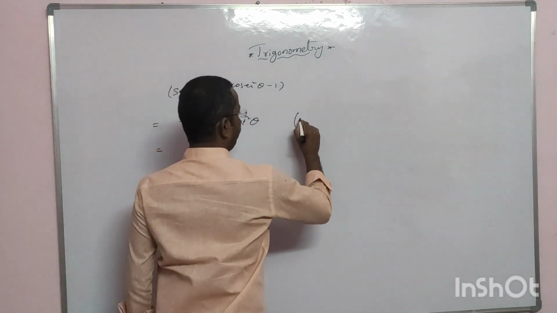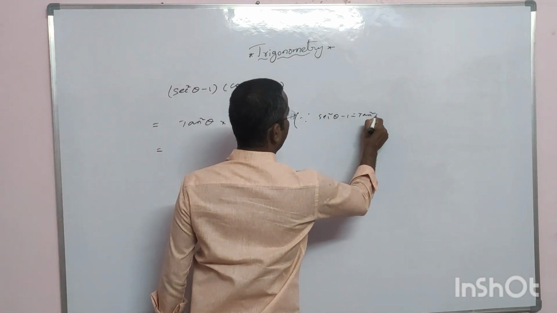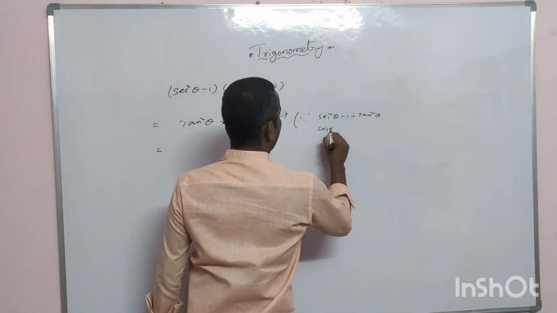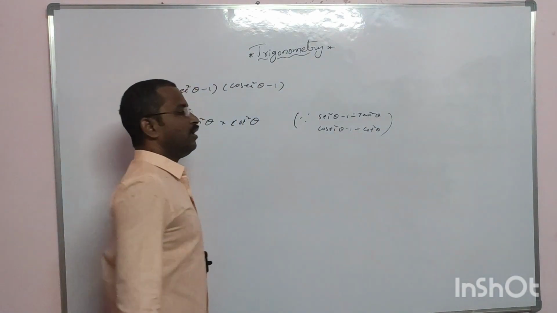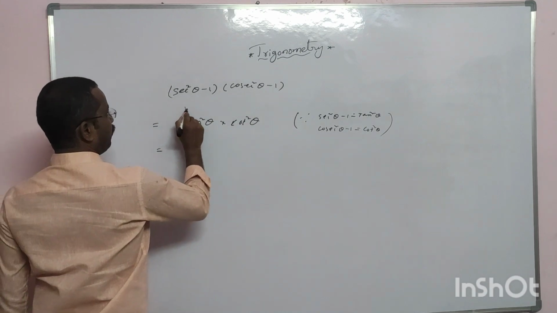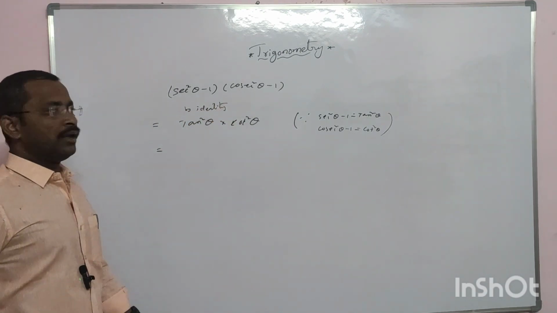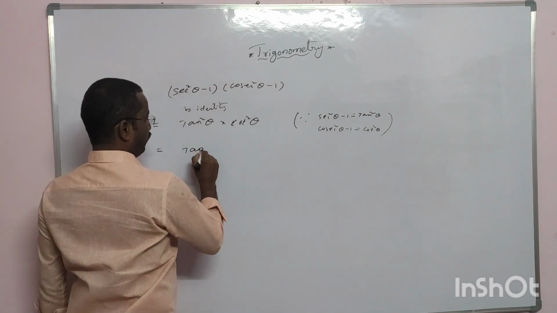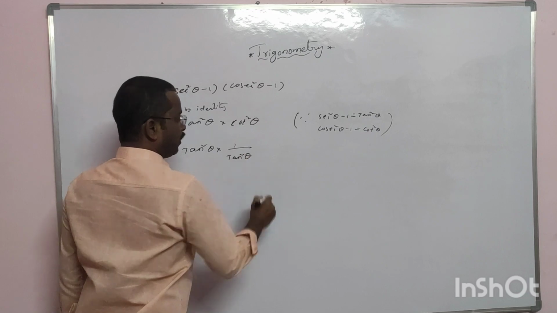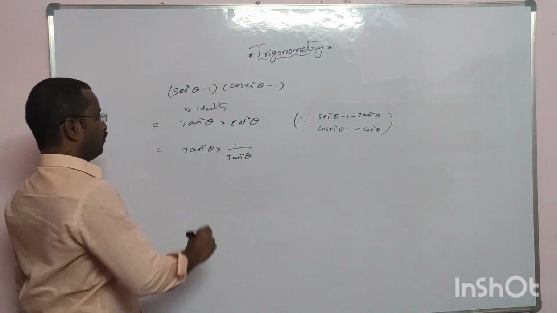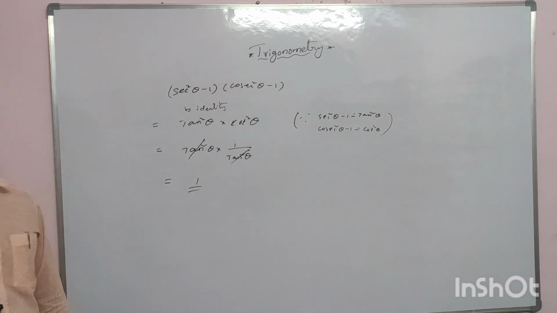Now you can write, if you want, sec square theta minus 1 is equal to tan square theta, cosec square theta minus 1 is equal to cot square theta. Otherwise, you can write here by identity. Next, tan square theta remains the same. Cot square theta means what? 1 by tan square theta. So tan square theta cancels. So your answer is going to be 1.